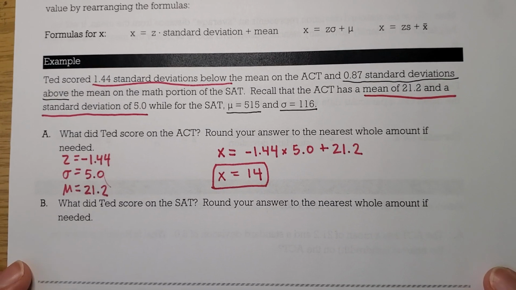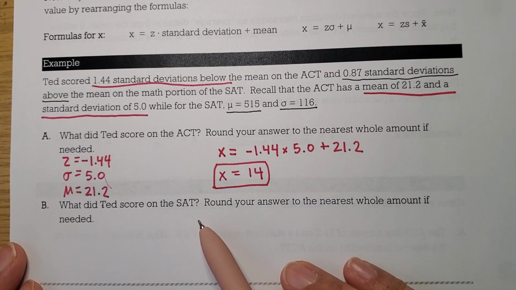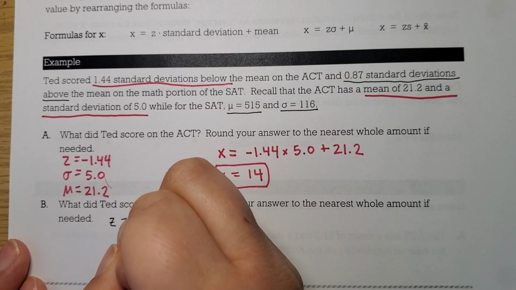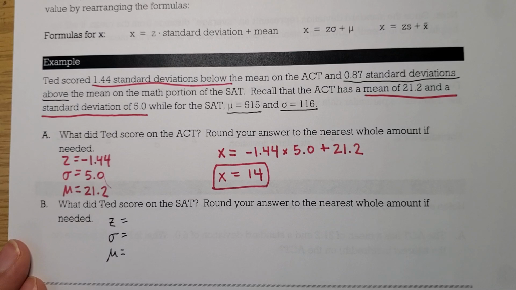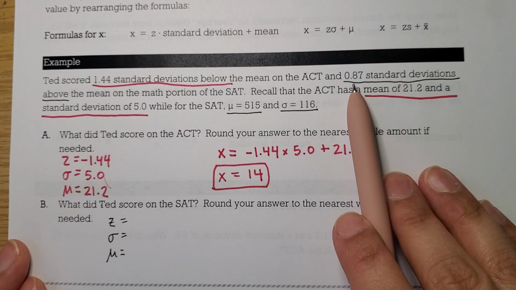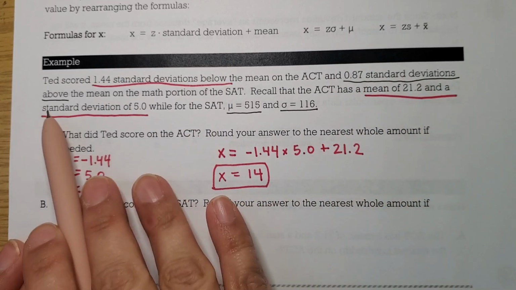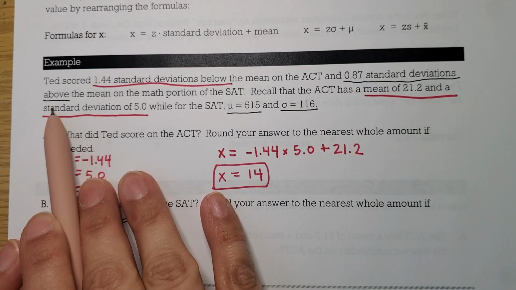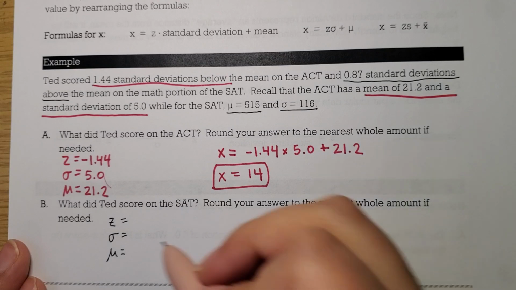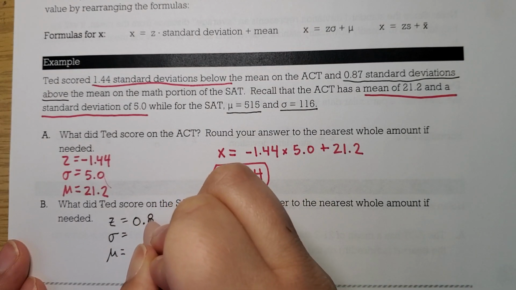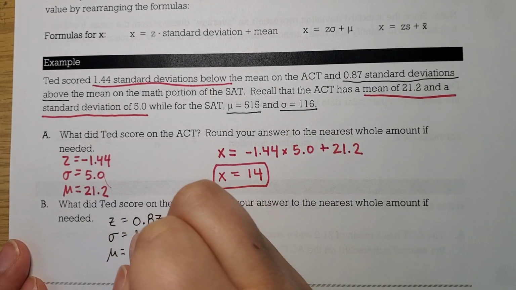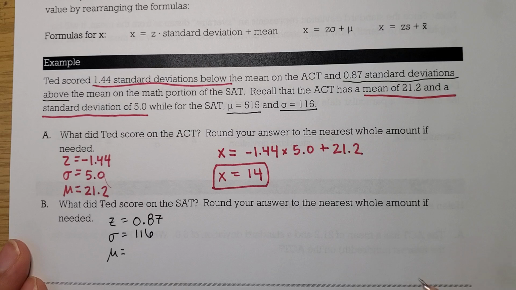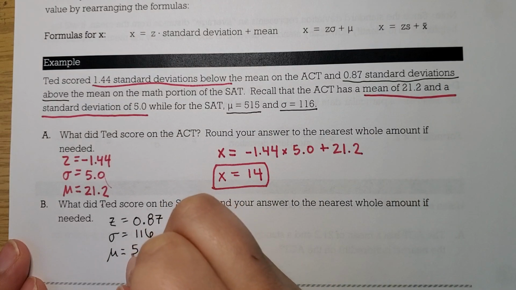All right, so let's repeat this process now for the SAT. So I know I'm going to need a z, a sigma, and a mu. So z is the number of standard deviations above or below the mean. So he has 0.87 standard deviations above the mean. So since it's above this time, that means we're going to get a positive z-score. And then they tell us sigma is 116 and mu is 515.